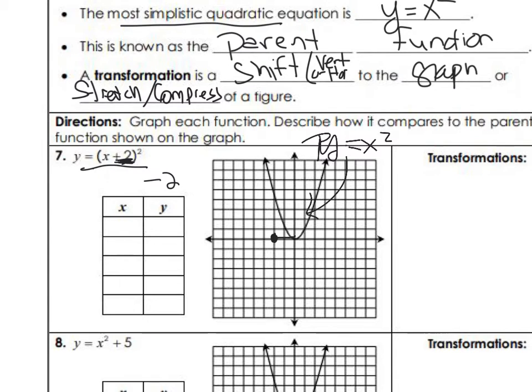Because if my axis of symmetry changes from 0 to negative 2, it moved to the left. So my transformation is that it moved to the left 2 units. The whole graph shifted. Alright, and if you plug in these numbers, you can draw your whole graph and see that the graph itself shifted. Nothing else changed, it just shifted over.